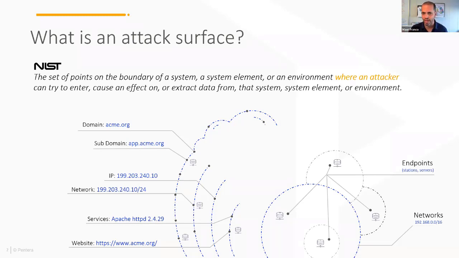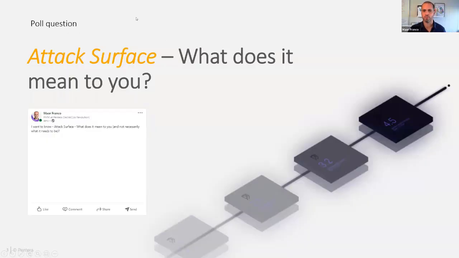Now, before I move in, I actually want to ask you, is this resonating with you? We have the first poll question of this webinar. I want to understand: the attack surface, what does it mean to you? While you're answering, I'll take a couple of seconds.